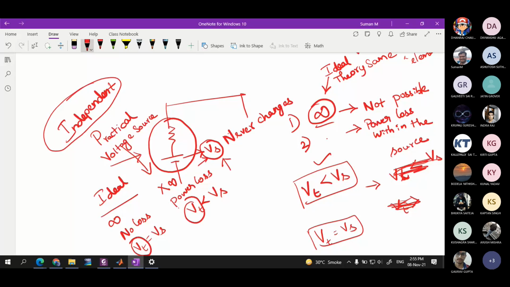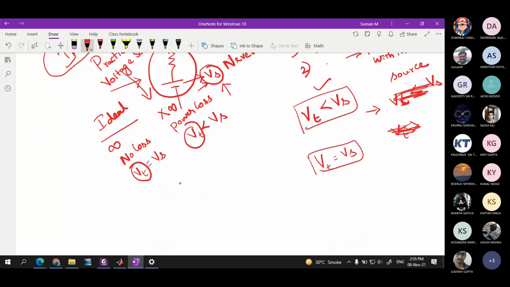So for example, you have a voltage source. This can be represented like this, or it can also be represented like this. I have already told you before. Here you can consider a resistor, or whatever element you connect after this.